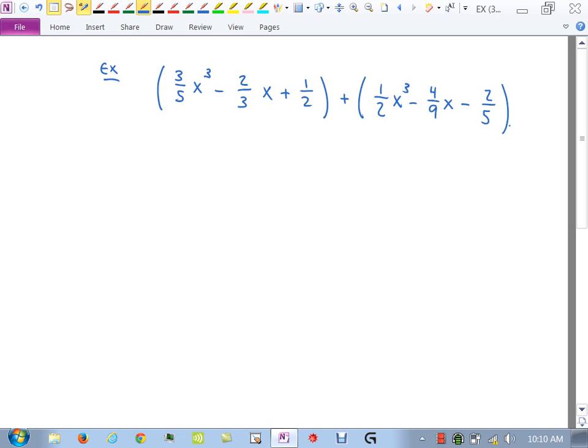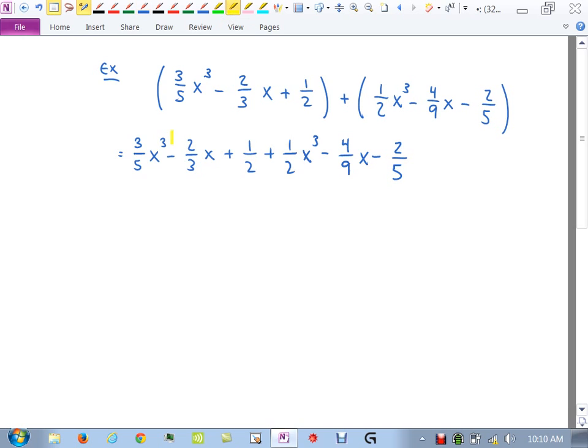Yes, because it's a plus between them. So this equals 3/5 x cubed minus 2/3 x plus 1/2 plus 1/2 x cubed minus 4/9 x minus 2/5. So all I did was drop the parentheses there.